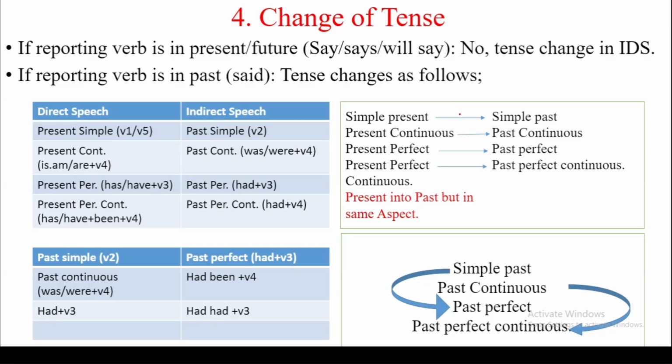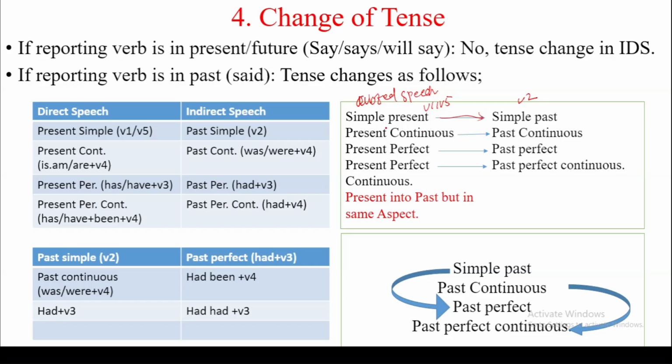I am going to show you how the trick works. If the quoted speech is in simple present tense, it is changed into simple past tense. It means if there is V1 or V5, it is changed into V2.